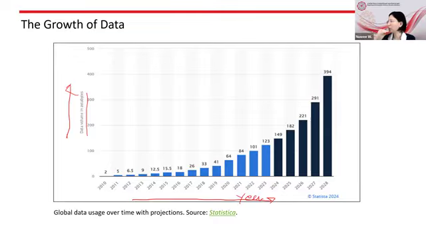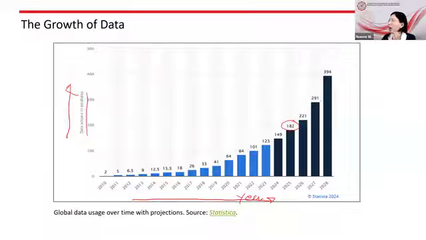So right now we're in 2026, it's just the first week of 2026. So we could talk about 2025 instead, but that means in 2025 we were predicted to use 182 zettabytes of data.